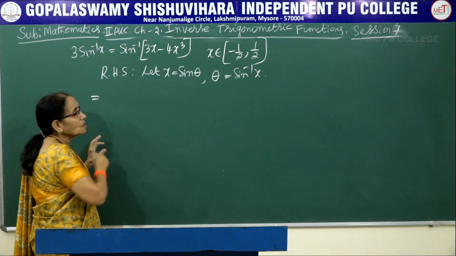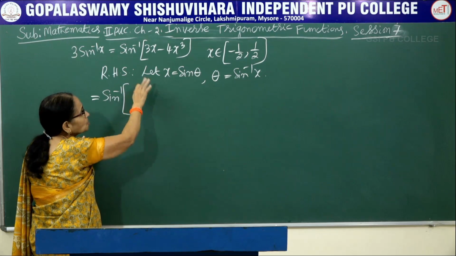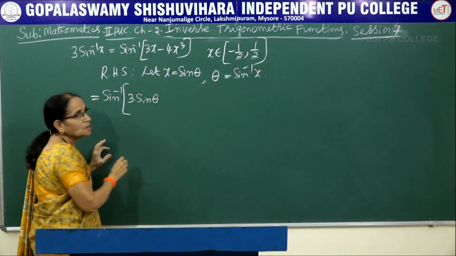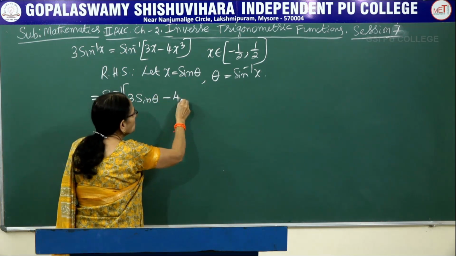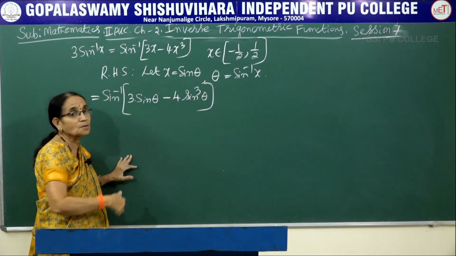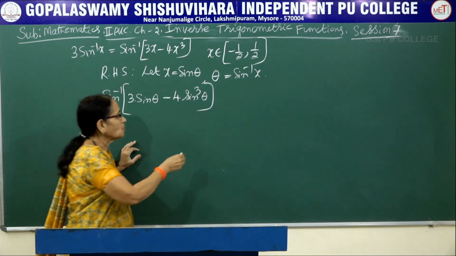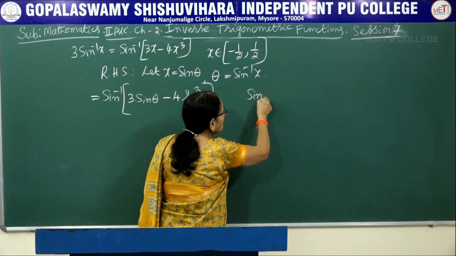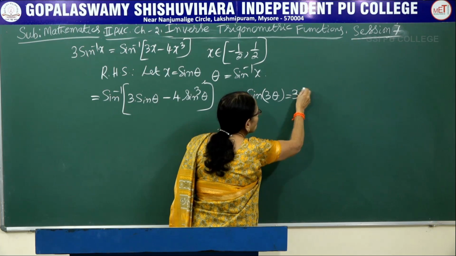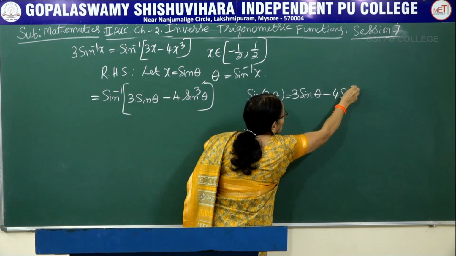Now start with the right hand side. What do you have on the right hand side? Sin inverse. x has to be replaced by this quantity, that is 3 into sin theta minus 4 times sin cube theta. Look at the expression inside the bracket. What is that actually? Again, it is another multiple angle. Sin 3 theta is equal to 3 sin theta minus 4 times sin cube theta.